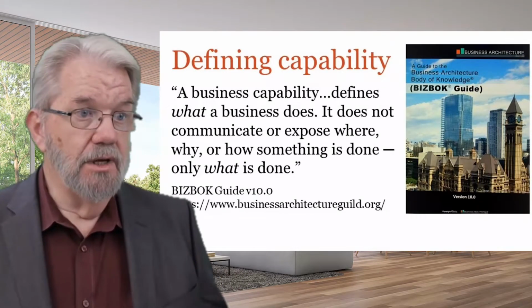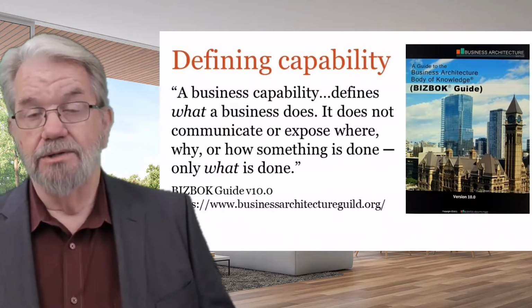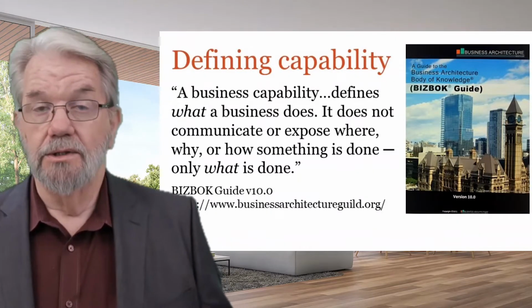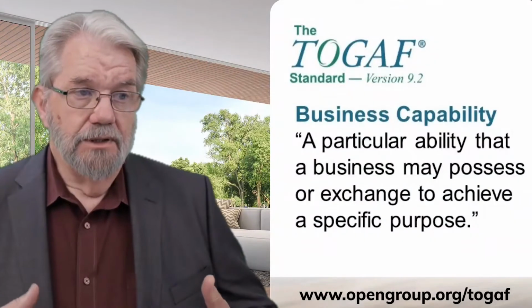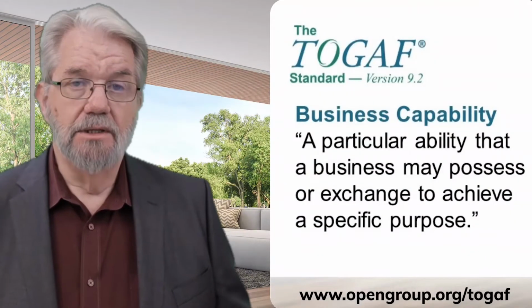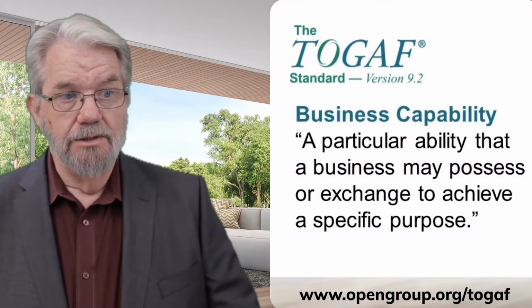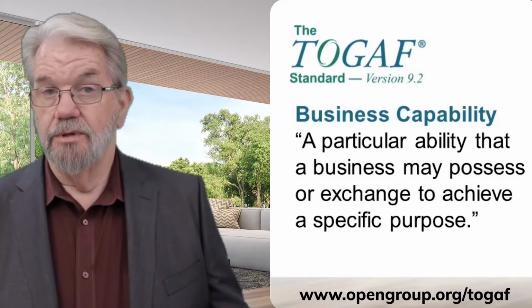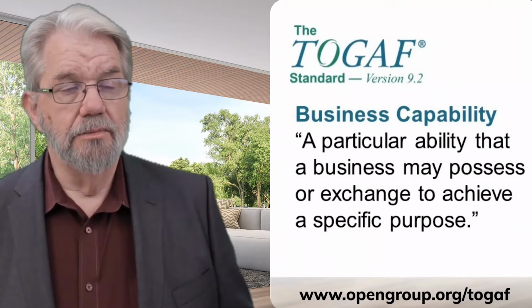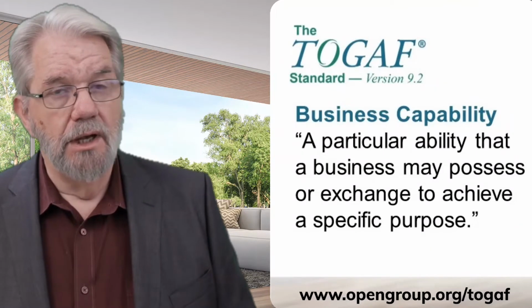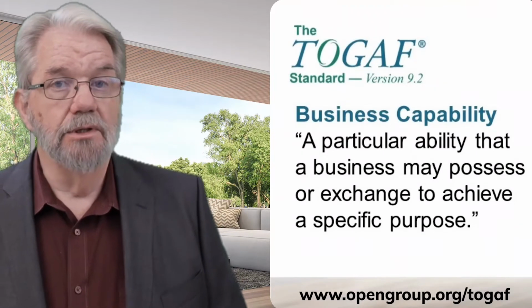It doesn't communicate or expose where or why or how something's done, so it's all about what is done. Okay, that's one definition. TOGAF says it's a particular ability that a business may possess or exchange to achieve a specific purpose. Okay, so there's 2 definitions from leaders in the whole enterprise architecture field with lots to say about business capabilities.